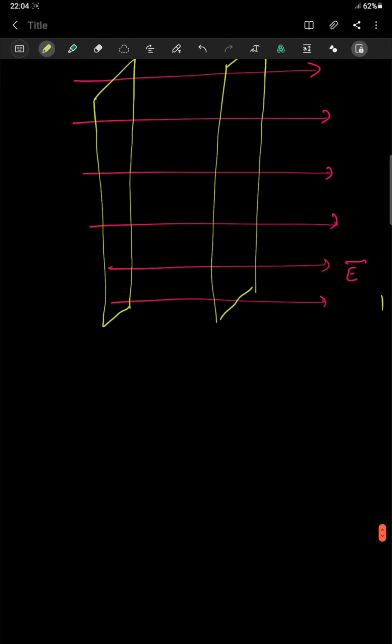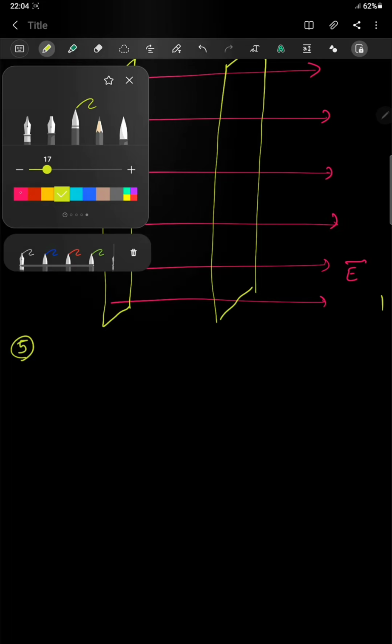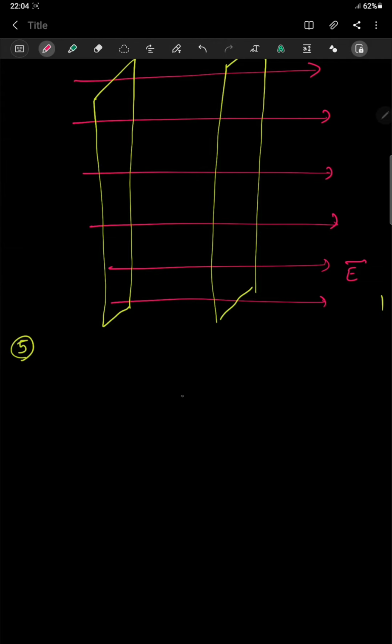Okay, then the fifth important question which comes is that an infinite charged rod will be given to you. So let me do it. An infinite charged rod will be given to me in this manner. Since it is infinite, let me extend it with dotted lines.